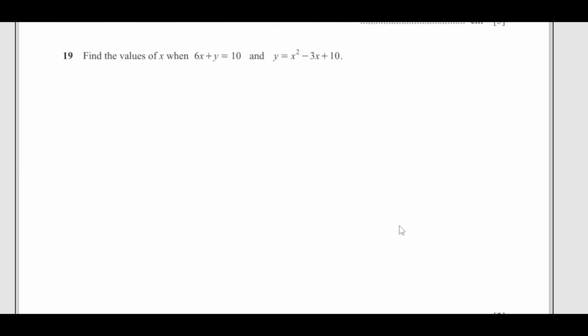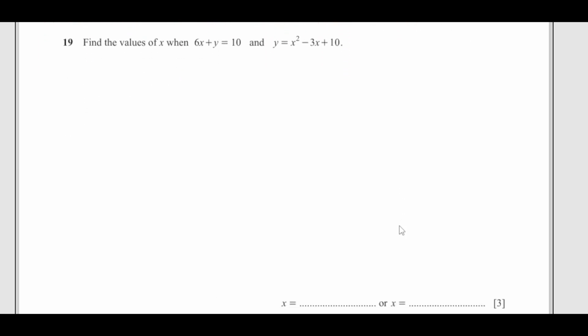Now number 19: find the value of x when 6x plus y is equal to 10 and y is x squared minus 3x plus 10. As you can see, this is a line and this is a quadratic, so we can just equate them or substitute the value, it's up to you. So 6x plus y, and for y we write x squared minus 3x plus 10, is equal to 10, right?